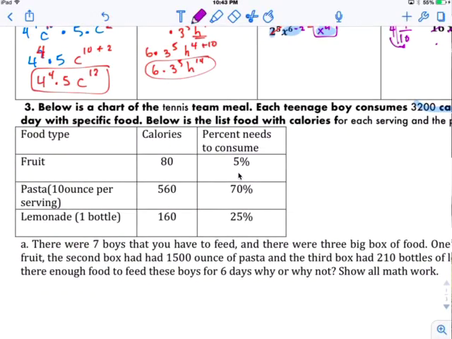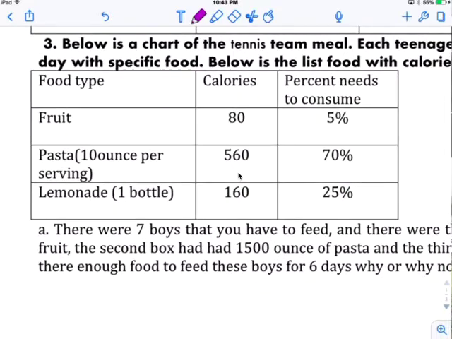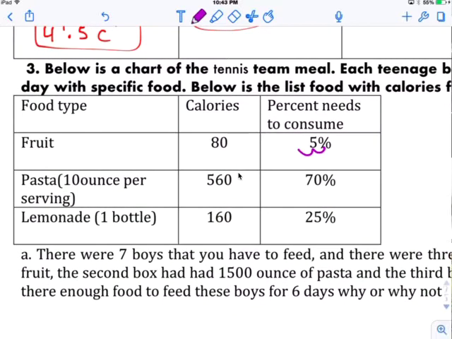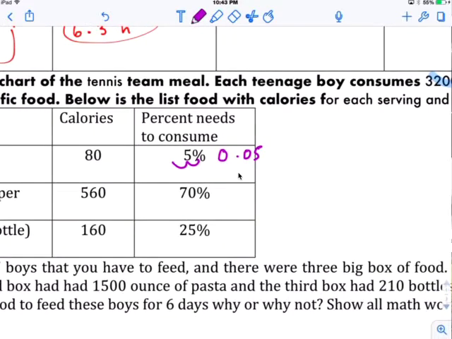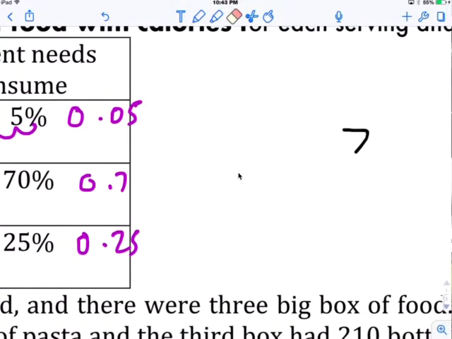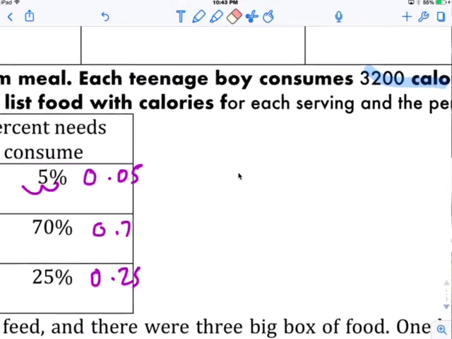Okay, so 5%. 5% is 0.05. That's 0.70 or 0.7, 0.25. Multiply that by the total calories that it needs each day, which is 3,200.